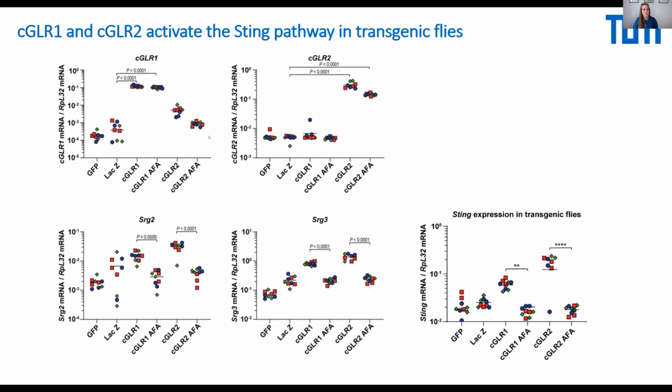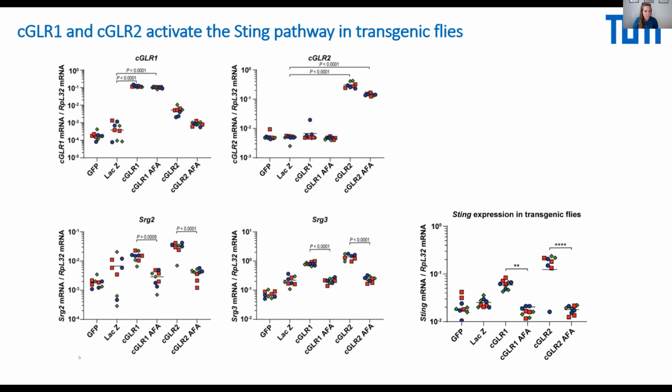So it means that when the flies are changed to 29 degrees, then they start expressing the proteins. And what we can see here at mRNA level is that when they move to 29 degrees, you get a very nice upregulation of the two proteins, so the 1 and the 2, and also of this enzymatically inactive mutant that is made in parallel for control.